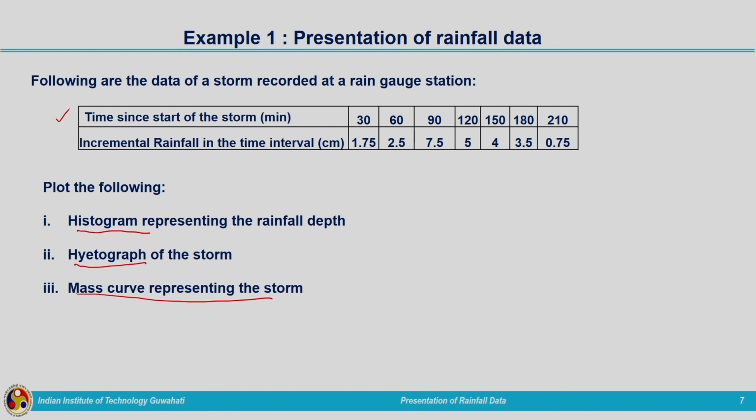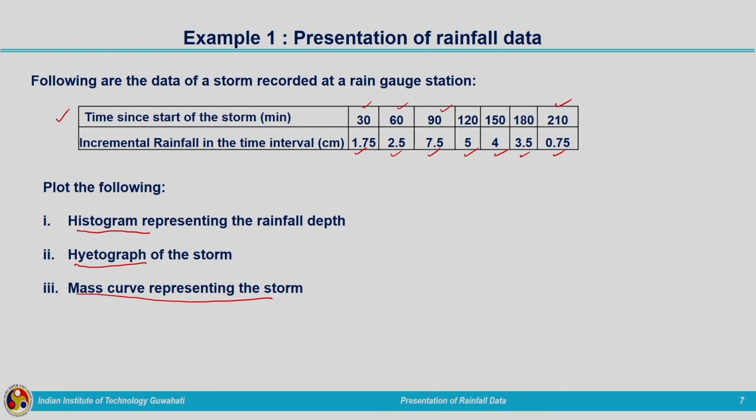For each time interval, how much rainfall has occurred is given in this table. The times are 30 minutes, 60 minutes, 90 up to 210 minutes. At 30-minute intervals, how much rainfall occurred within that increment is given in the table.